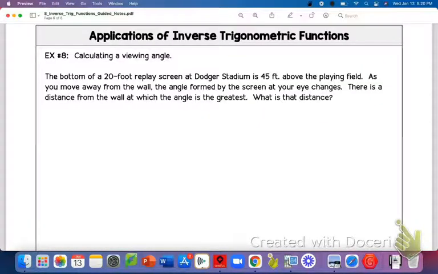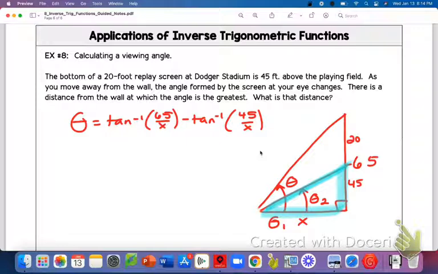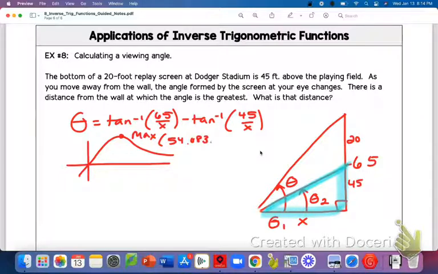So our answer is going to be, here, I guess we'll do this. Look at the graph on there so you have it. So it looked something like this. And your max was at 54.083 and 10.475.